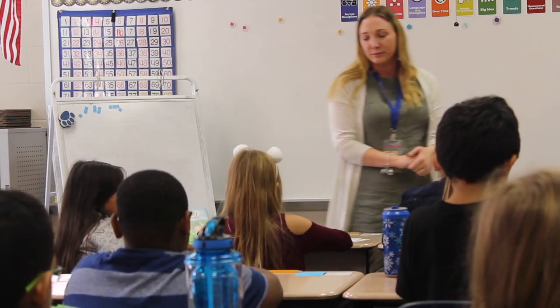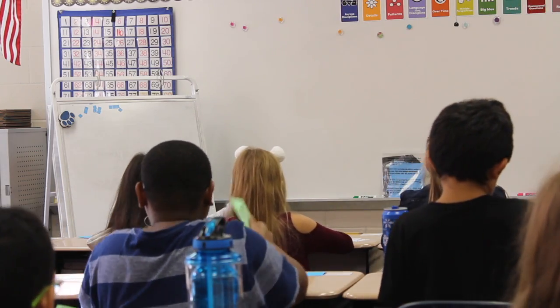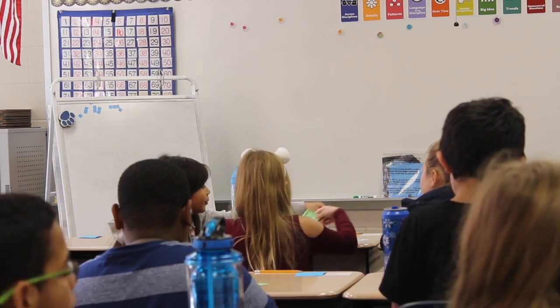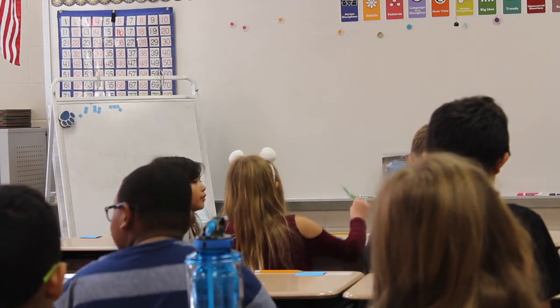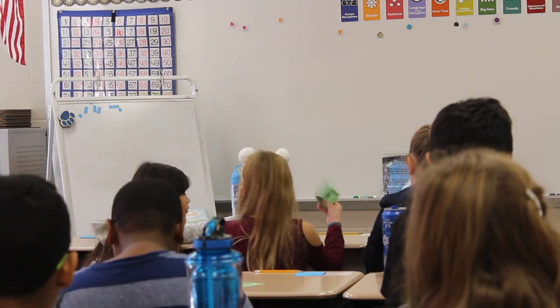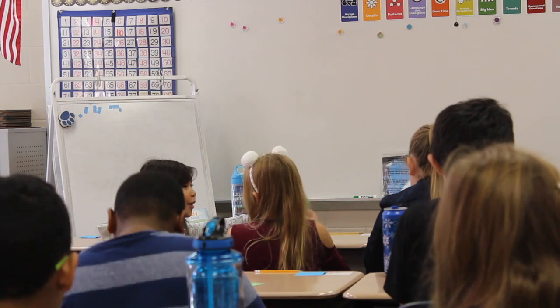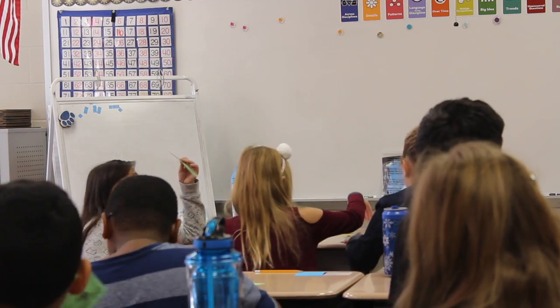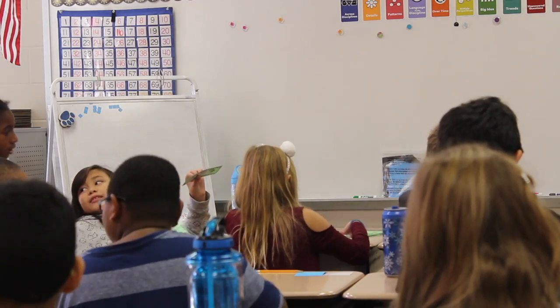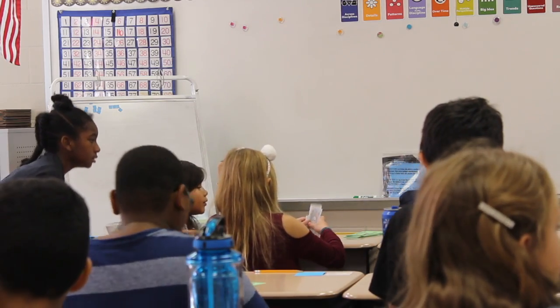Count that out. $21. Between the three of you, you're only allowed to have $21. Yep. Who has their $21? Perfect. This group has $21.